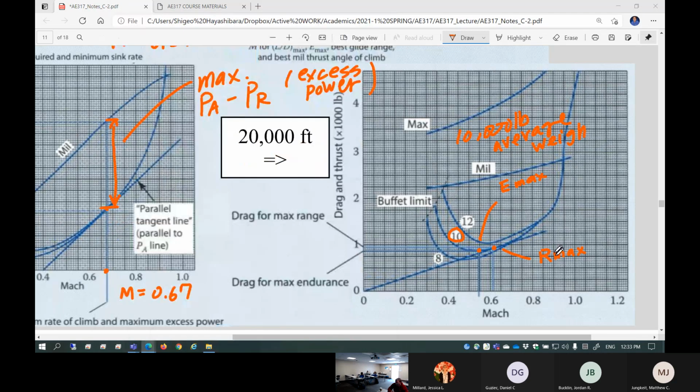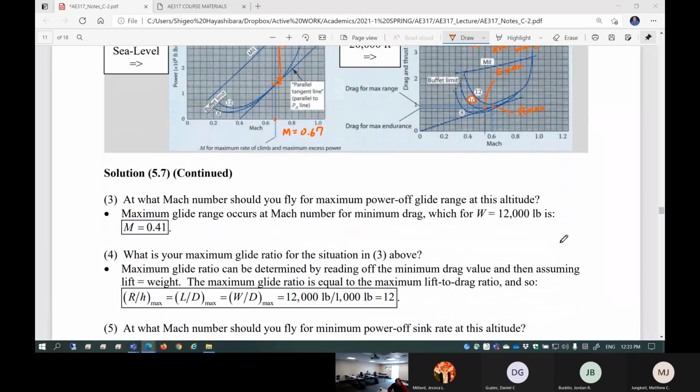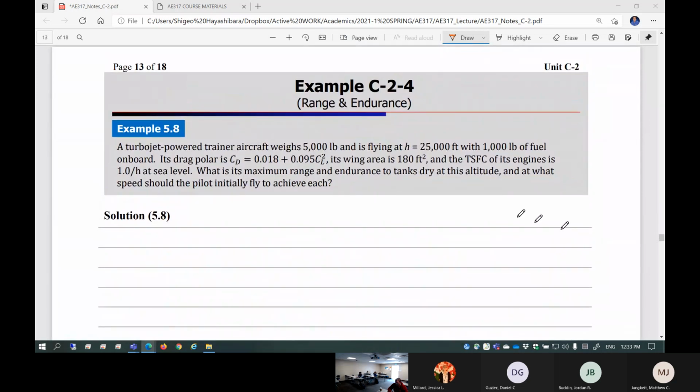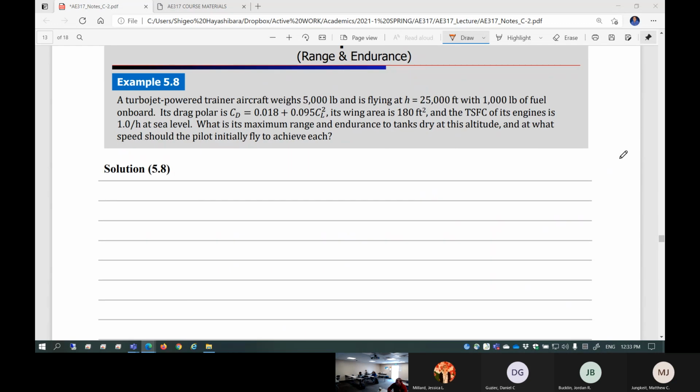Okay, so now I'm going to go back to the regular mode. Let's continue example C24, which is one more example to finish up this turbojet turbofan topic. A turbojet-powered trainer aircraft such as the T-38, you've looked at it. Weight is 5,000 pounds and it is flying at 25,000 feet with 1,000 pounds of fuel on board.